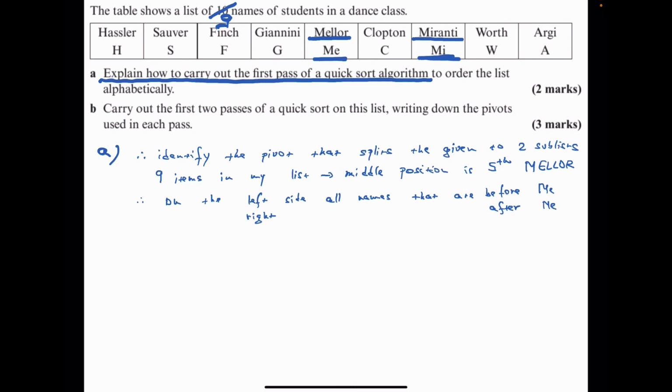And then part B says first carry out the first 2 passes of quicksort on this list. Okay, so this is actually what you're going to do, but you don't have to finish.